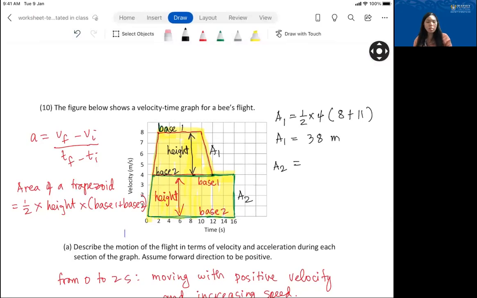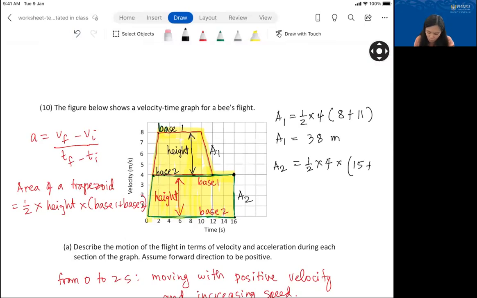The area for trapezoid 2 is 1/2 times the height. The height goes from 0 meters per second to 4 meters per second, so that should be 4 for the height, times base 1. Base 1 goes from 16 seconds to 1 second, so that will be 15 seconds for base 1.